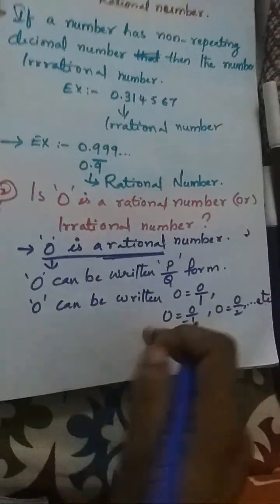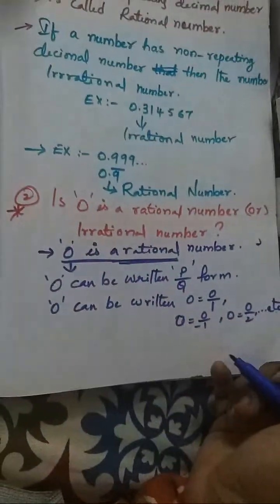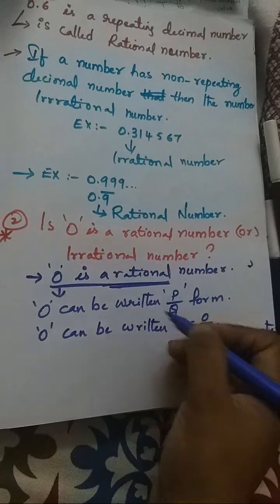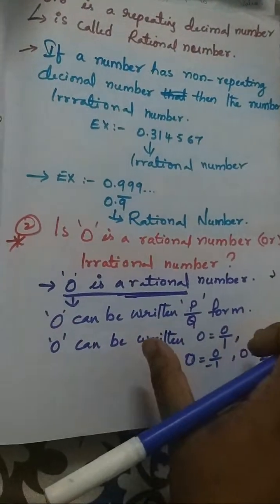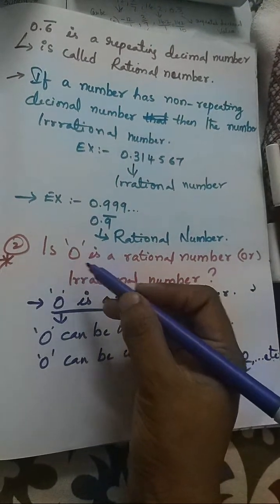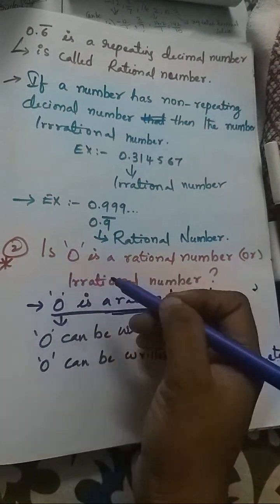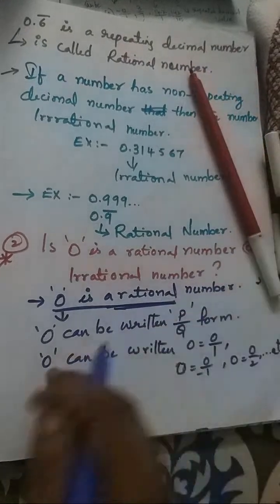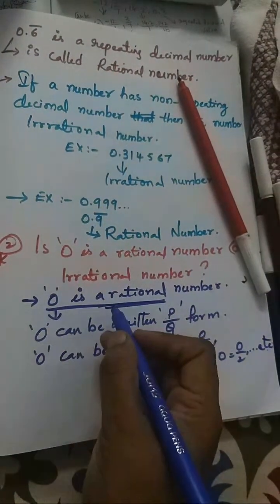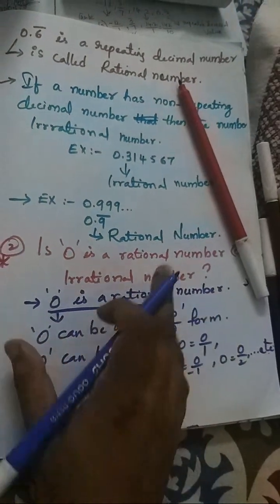So this can be proved as a rational number. So it is in the form of p by q. This is the proof that 0 is a rational number. Many doubts arise about whether 0 is rational or irrational, so this is the solution for that question. Okay, 0 is a rational number, not irrational.